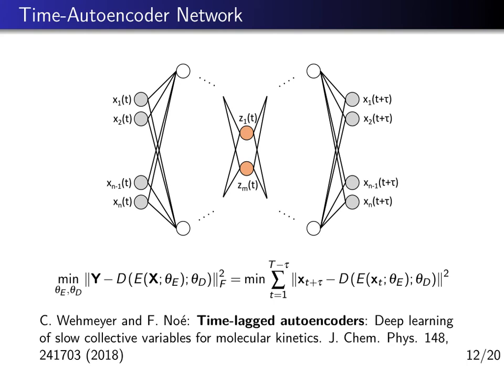The only difference is the meaning of x and y, because they are basically taken from the same signal lagged in time. And the interesting thing here is that you can show, like we showed for the autoencoder, that a linear autoencoder is optimally solved by principal component analysis. A linear time autoencoder is optimally solved by TCCA or TICA, depending on whether we have detailed balance, so time symmetry, or not.